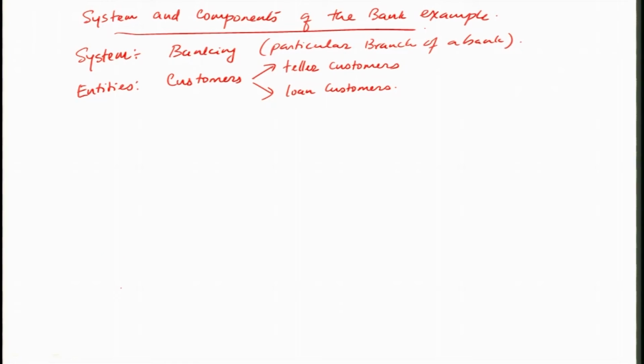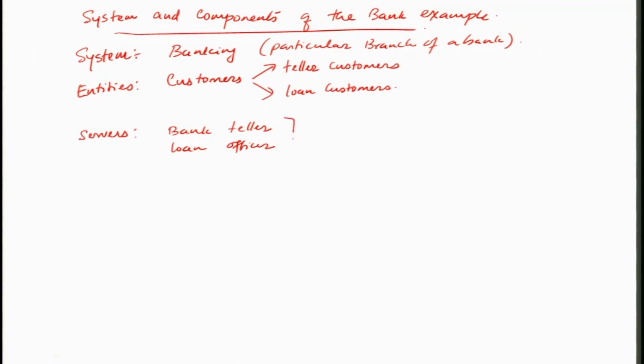So, you have two types of customers in this regard. These are the people who move in the system. Then there are the servers, that is the bank teller and the loan officer.